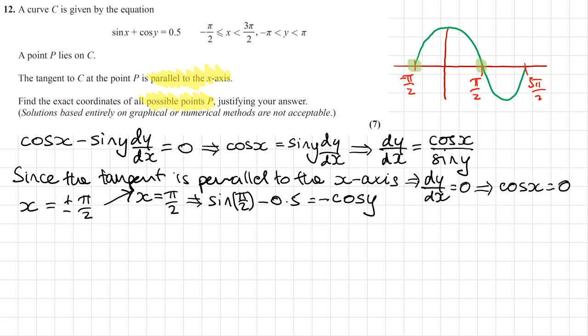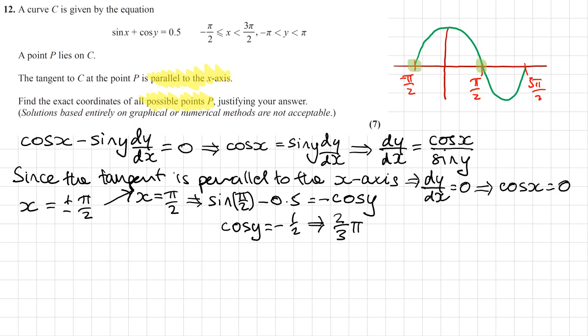So sin pi over 2, that's 1, so 1 minus 0.5, that's a half, or 0.5. So I've got a half is equal to negative cos y. In other words, cos y is equal to negative a half. Now if I do the cos inverse of negative a half, that gives me 2 pi over 3.